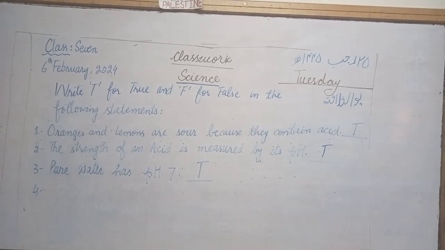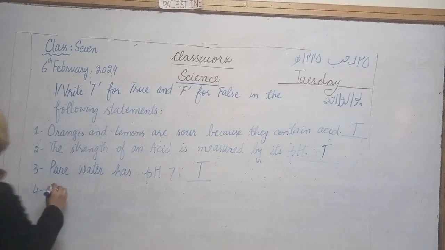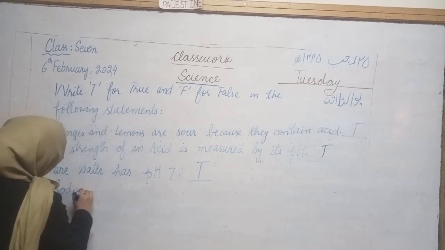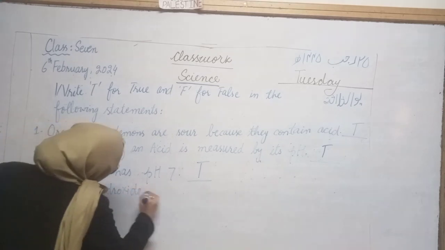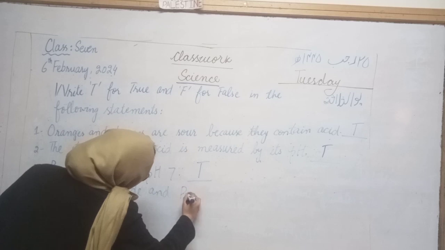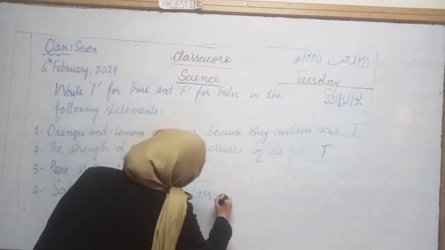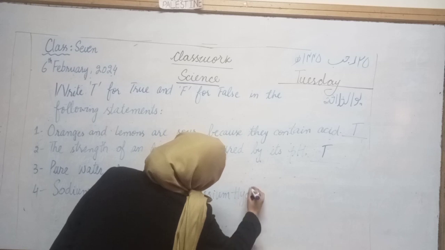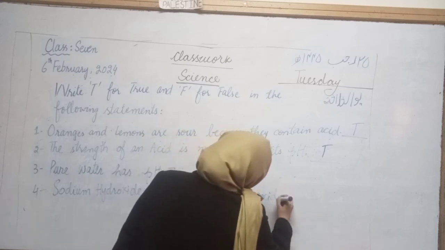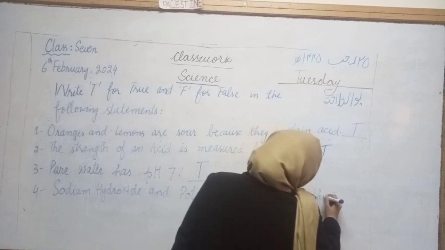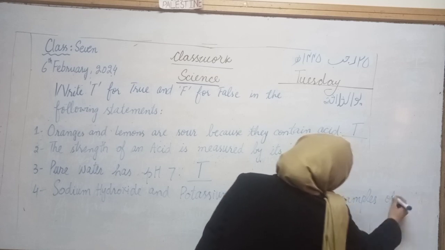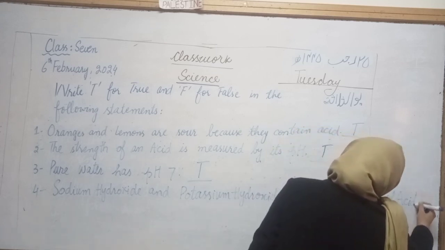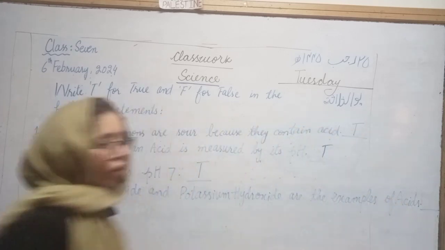Fourth statement is: sodium hydroxide and potassium hydroxide are the examples of acids. Is it true or false?